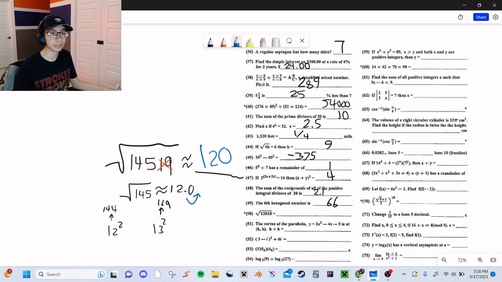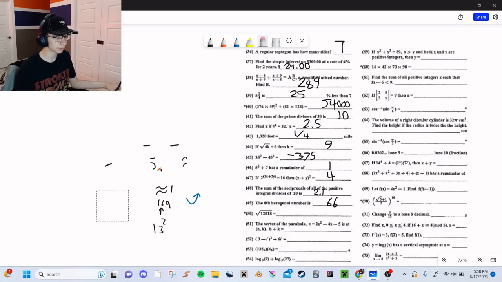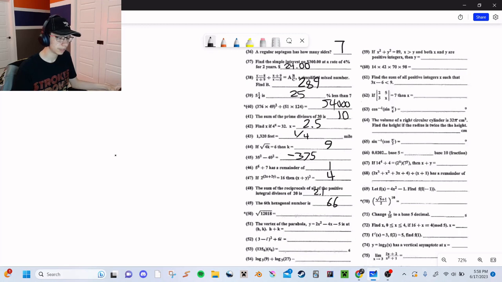So let's apply this trick one more time to another example. Then we'll do it with this question. Okay, so let's try 14,955.